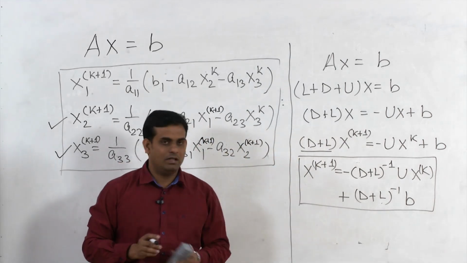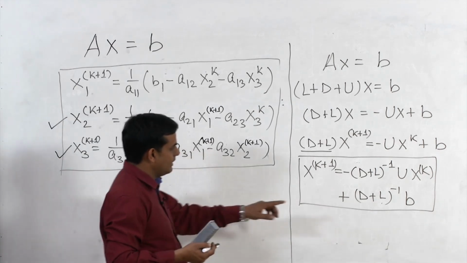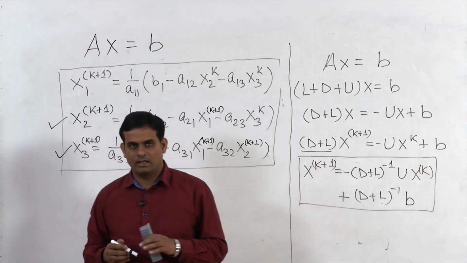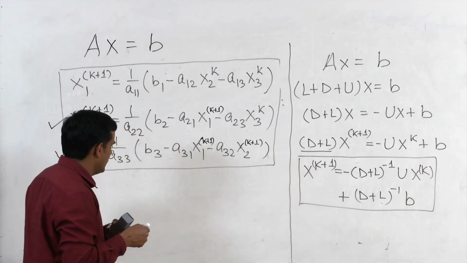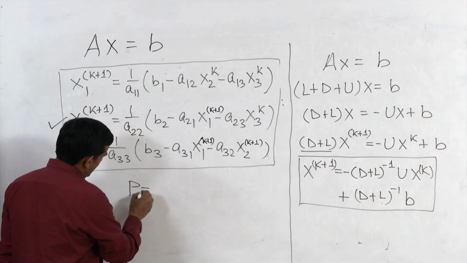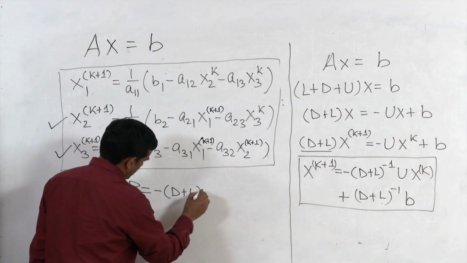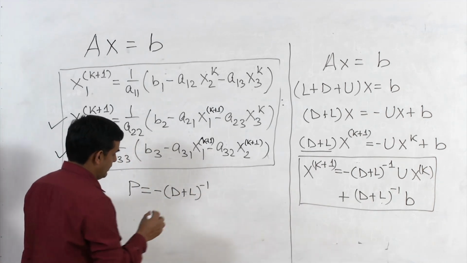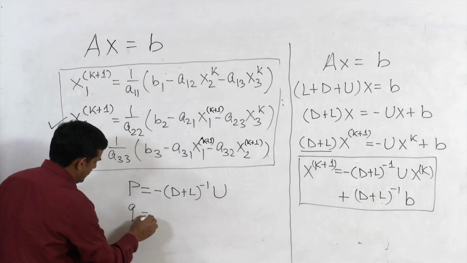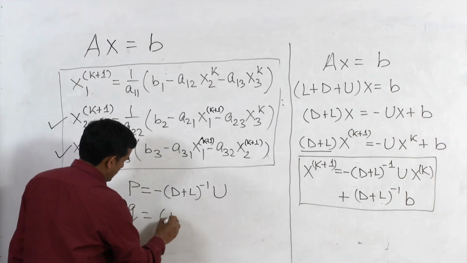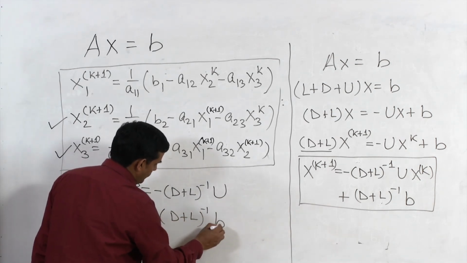So, this particular equation gives the Gauss Seidel scheme in a general setting, where my coefficient matrix A is an n by n matrix. Here the iteration matrix P can be written as minus D plus L inverse into U, and the column vector Q is given as D plus L inverse into b.